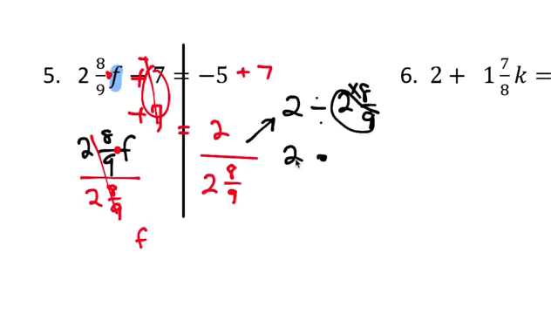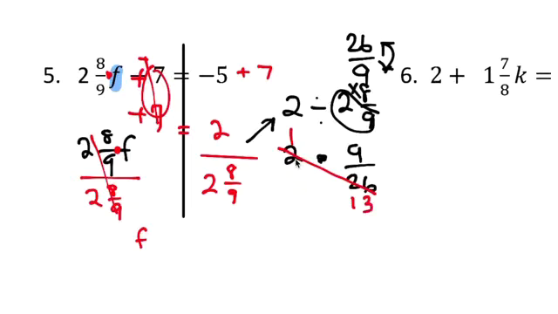I mean 18 plus 8 is 26 over 9, right? You take the reciprocal of the second number, 9 over 26. And then you need to cross cancel here. That's 1 and 13. So your answer is 1 times 9 over 13, which is 9 over 13.